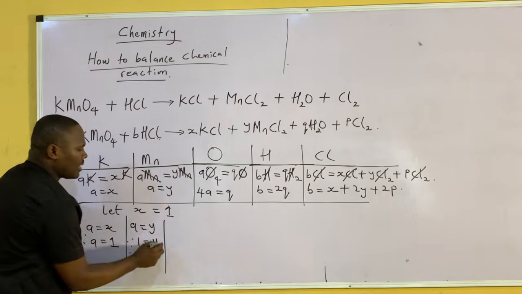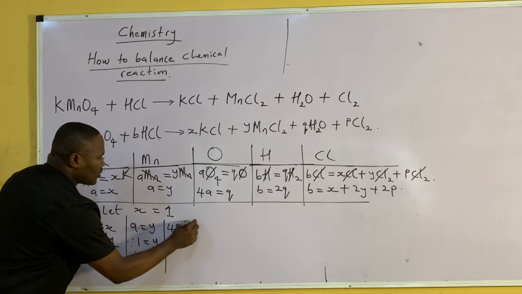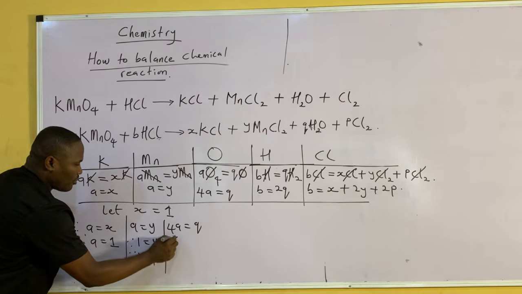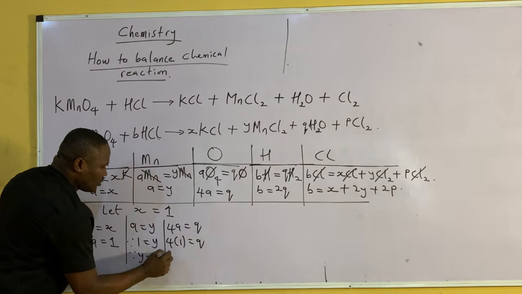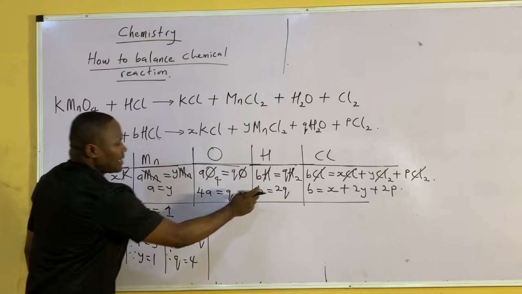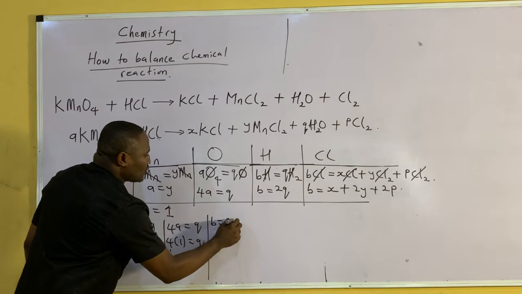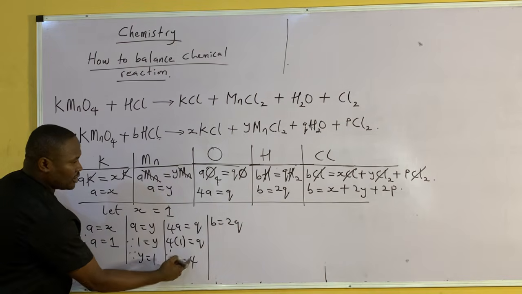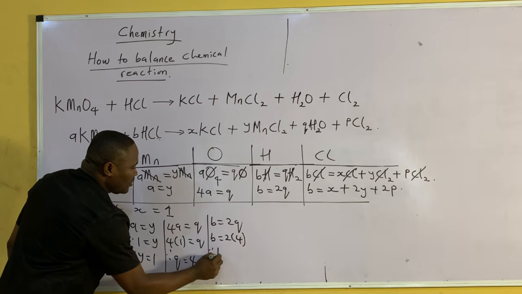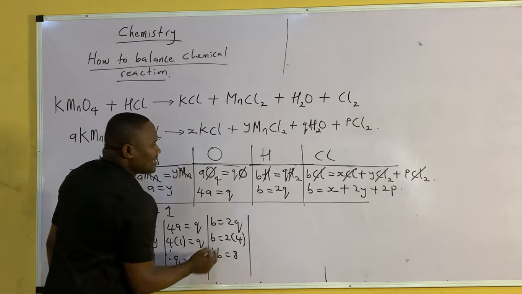I come over here, 4a equals q. What is a? A is 1, so 4 bracket 1 equals q. Therefore, q equals 4. What's the next one? I have b is equal to 2q. Remember my q is 4, so b equals 2 bracket 4. Therefore, b equals 8.